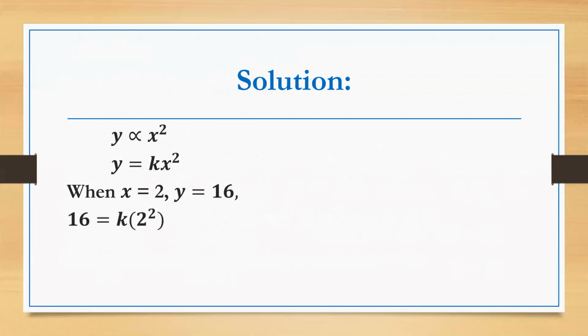We get 16 equal to k into 2 to the power of 2. So 4k equal to 16, and k will be equal to 4. So the equation connecting x and y will be y equal to 4x squared.